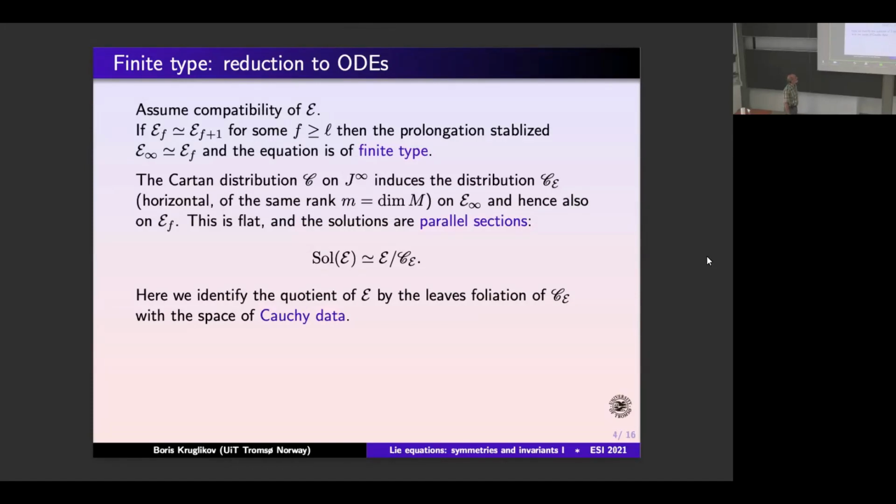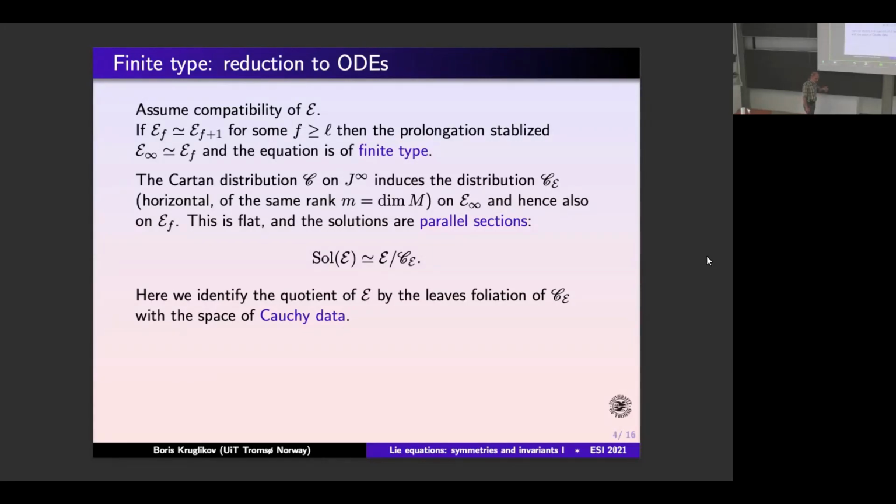So in this case, just briefly to relate to what happens. The Cartan distribution on J infinity induces a distribution on the equation just by intersection. It will be horizontal of the same rank, which equals the dimension of the manifold. And since it was flat in the ambient space, it's also flat here. So we actually get a foliation. It's a foliation by solutions, and solutions can be identified as parallel sections of this bundle.